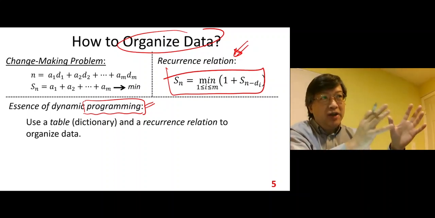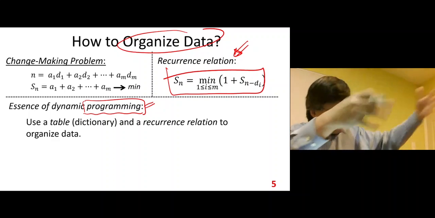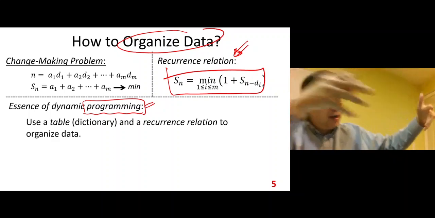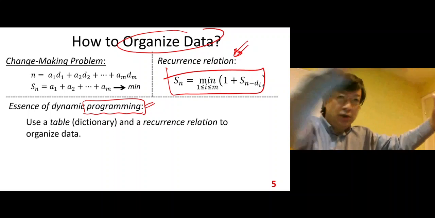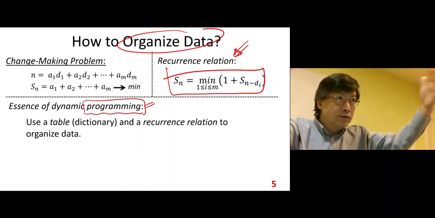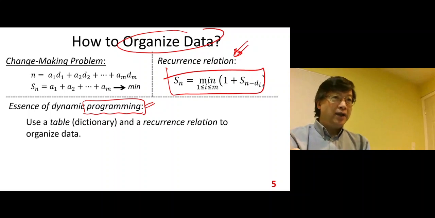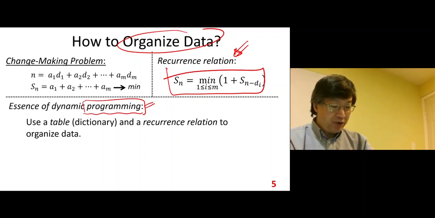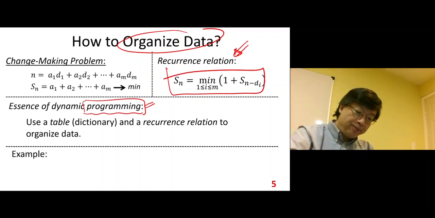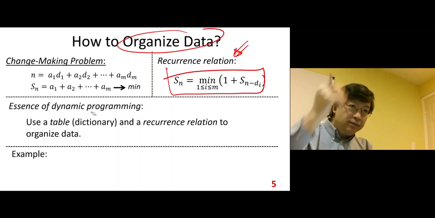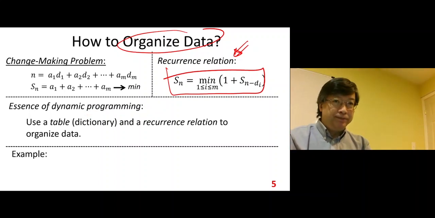So in dynamic programming, your data is dynamic: the data comes in one after another, but you arrange it in a table. That's dynamic programming. All right, so now we need to use that original meaning to organize our data. Look at a simple example.